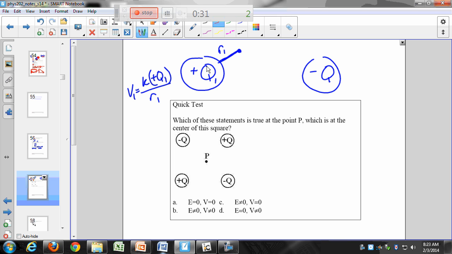And then the potential due to this other charge is going to be K times negative Q2, divided by this distance, which is R2. And then the total potential at this point is going to be V1 plus V2.